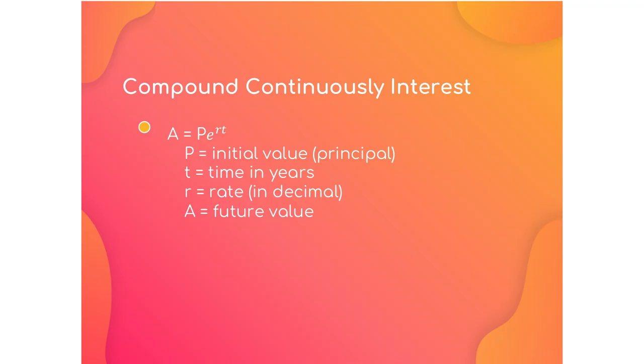All right, the last one, compound continuously. Okay, if it says it's compounded continuously, then you know you're using this formula. If you want to remember it as PERT, P-E-R-T, this is where the E comes into play, but on your calculator, it will plug it in for you. Okay, so do you know the button for this one?